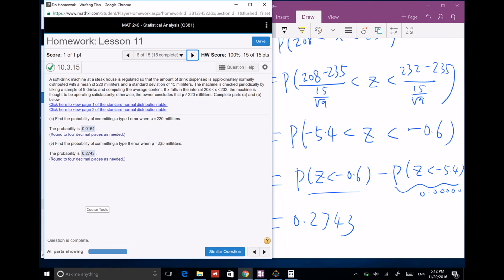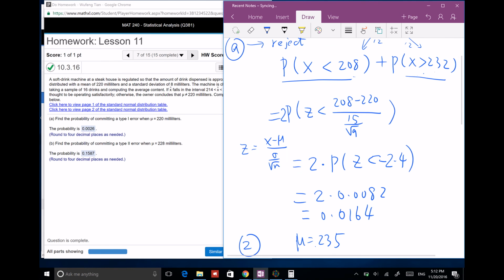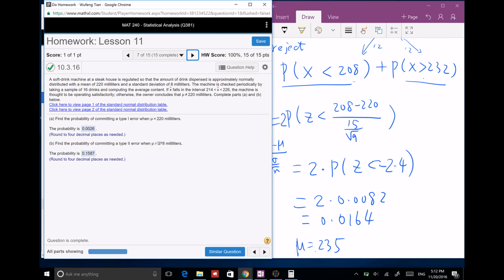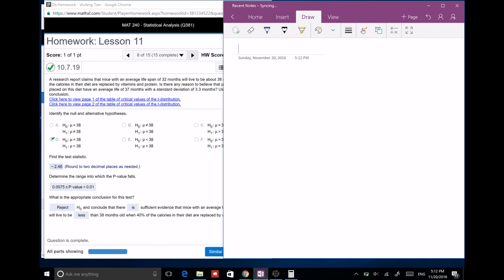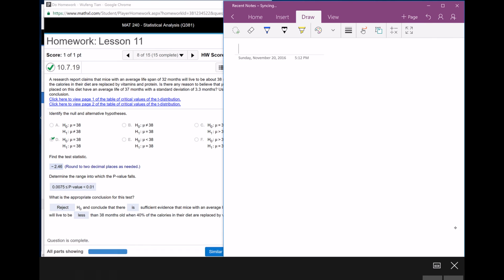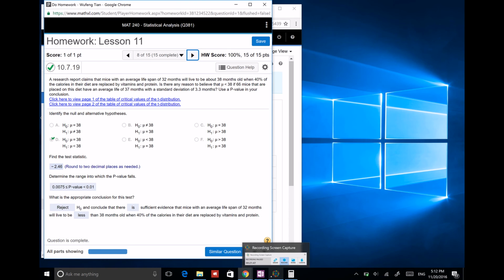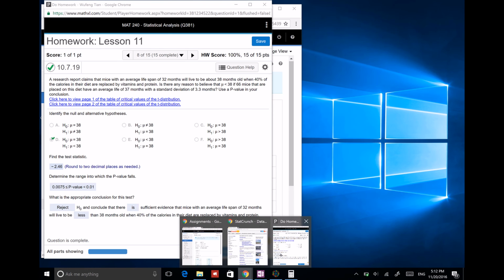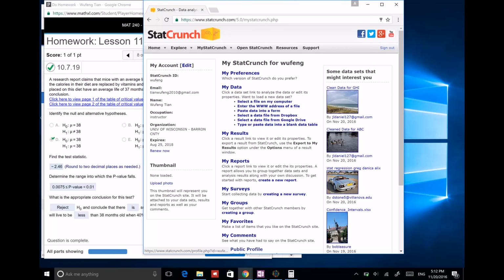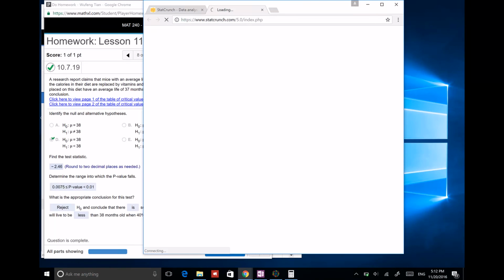Okay, number 7 is exactly a repeat of the same process as this problem. Starting from number 8, you can use StatCrunch to do all of the problems. Let me open StatCrunch.